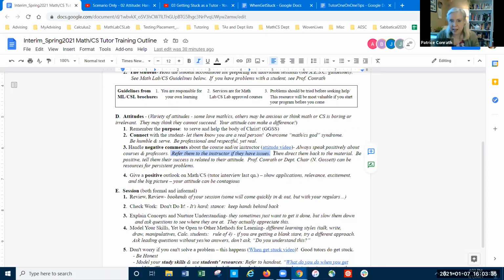So refer them back to the prof. If they're getting nowhere with that or really having an issue, I'm also a resource that you can use, or Dr. Gossett is another person that you can reach for any persistent problems. But try to redirect back to the material and get off of negative comments.